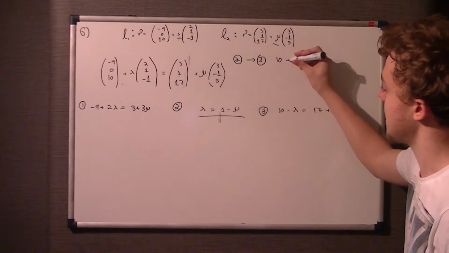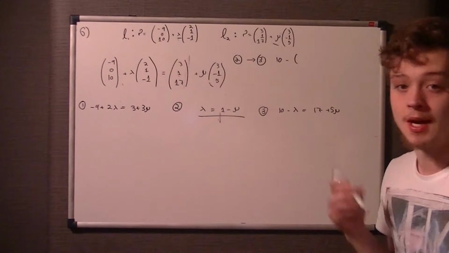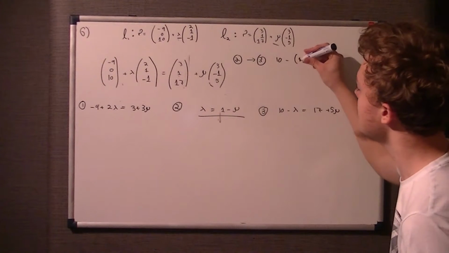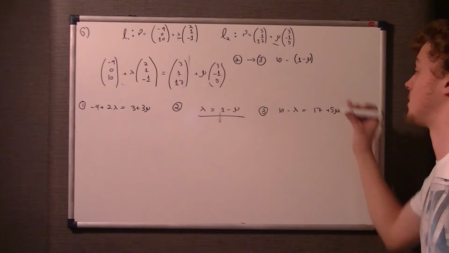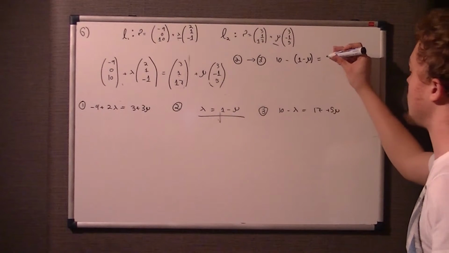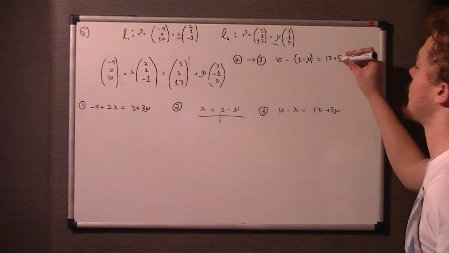Okay, so it's 10 take lambda, and I'm just going to write in brackets, because obviously we're going to have a double negative here, as you can see. And some people do make the mistake of, even though it's a double negative, they'll still assume it's negative. Okay, and that's equal to 17 plus 5 mu.